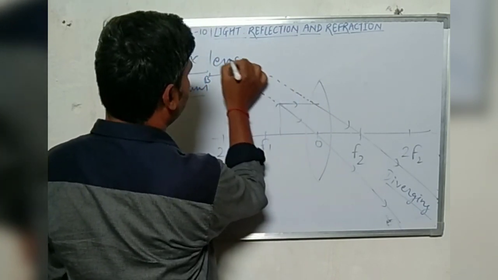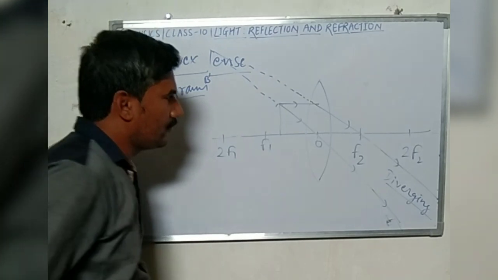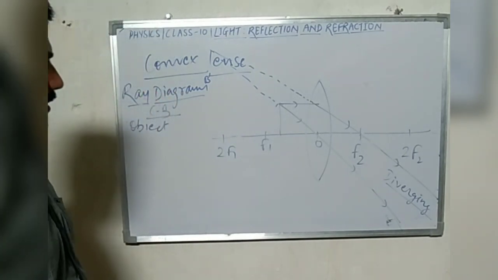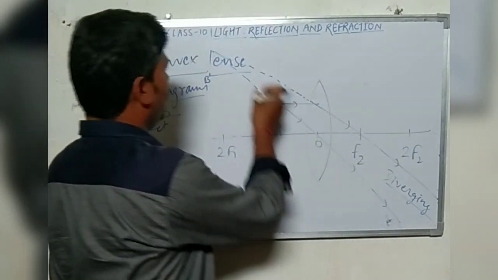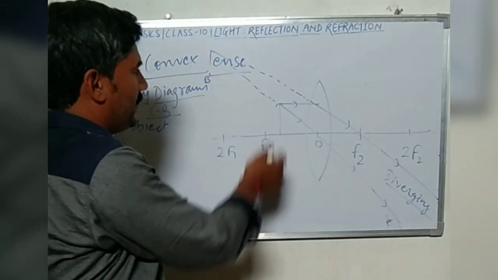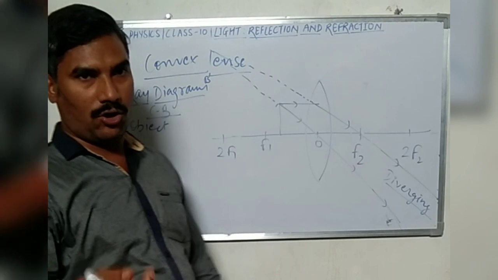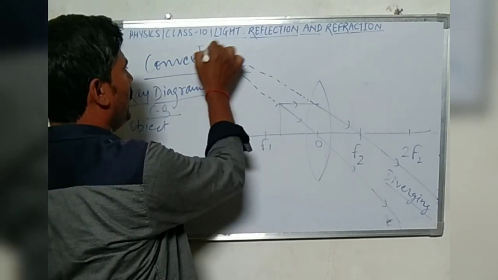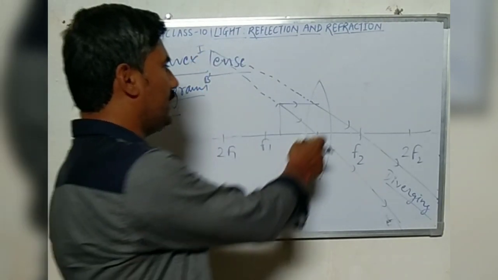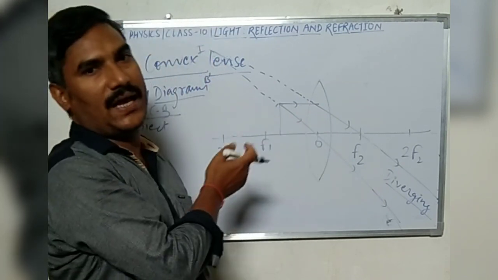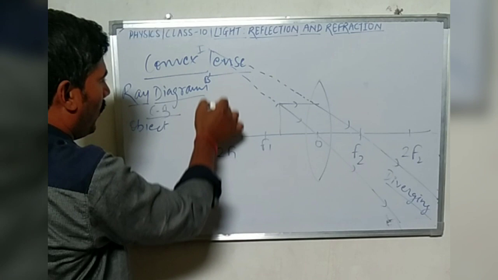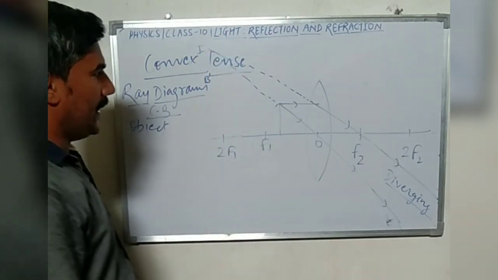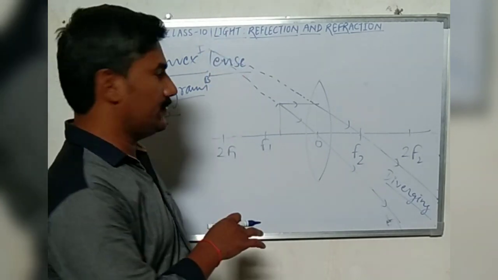Although we cannot see this, our eyes can perceive this image in the backward direction, or we can say the image will be formed in the same direction as that of the object, and this time the image is not inverted, it is upright.